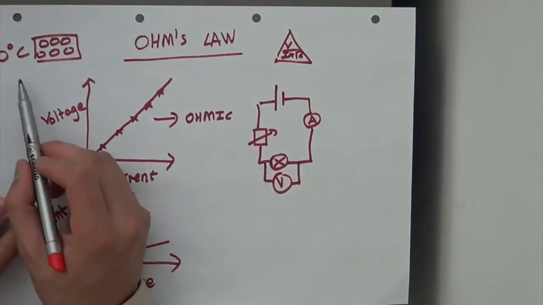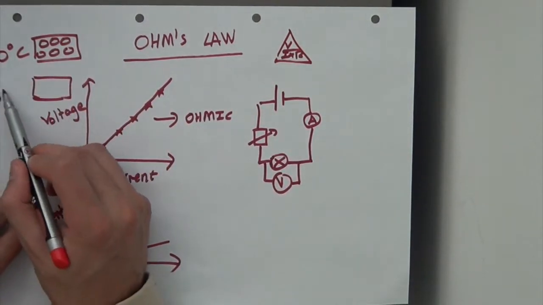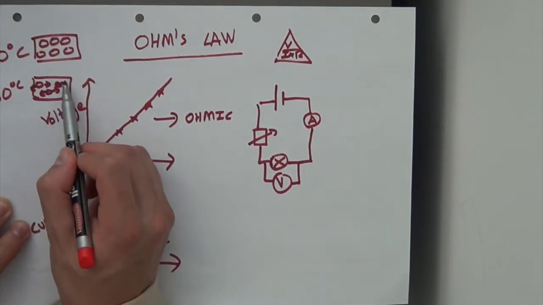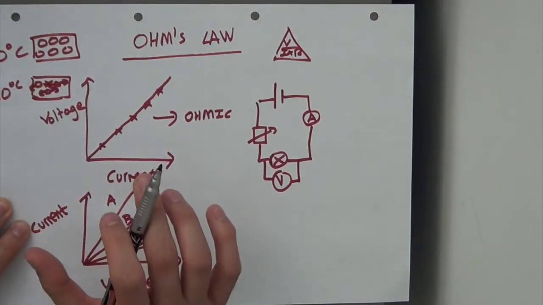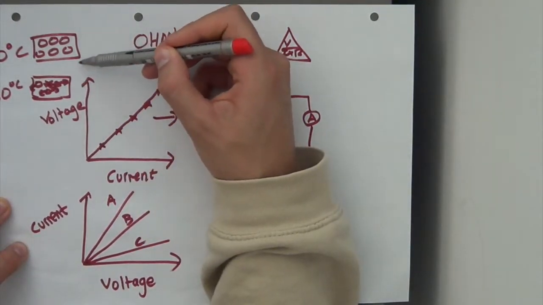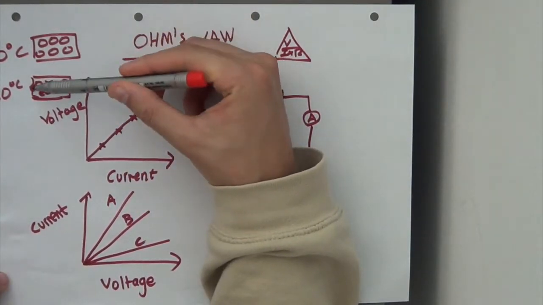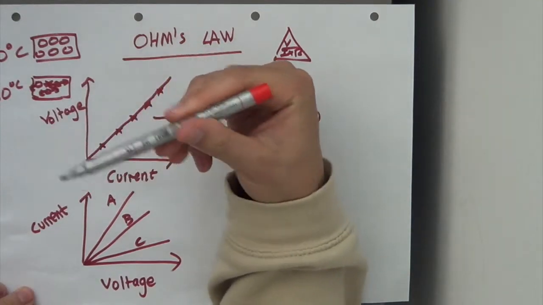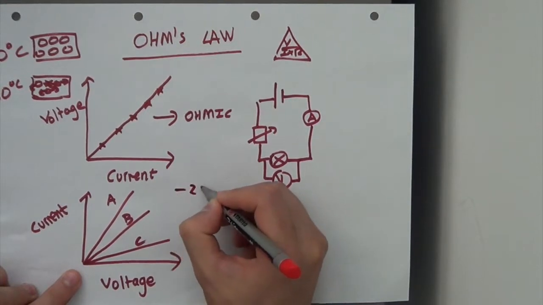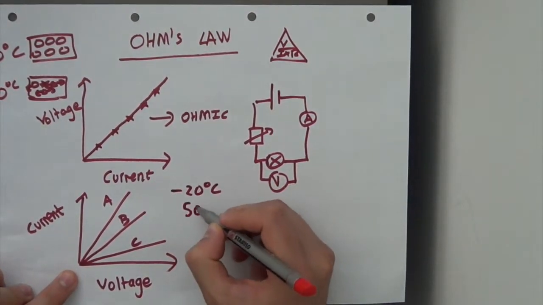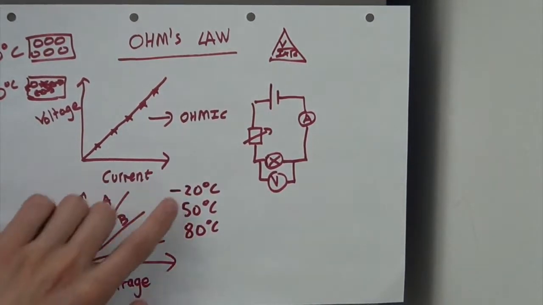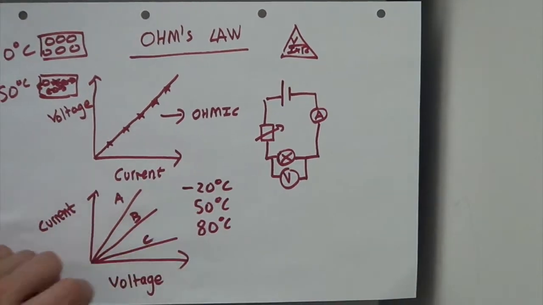However, at 50 degrees Celsius, they're more aggressive, or have more thermal energy, and they vibrate more. I want you to use this model of particles vibrating at greater temperatures to help you identify which one of these resistors links up to which one of these lines, which link up to these temperatures.